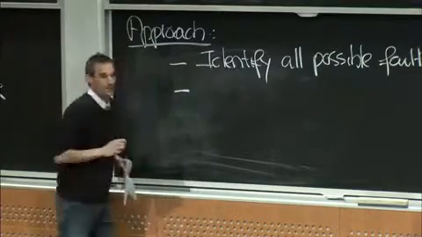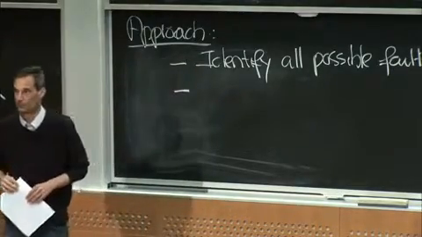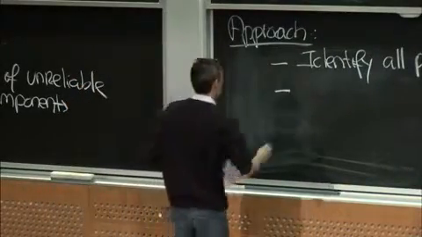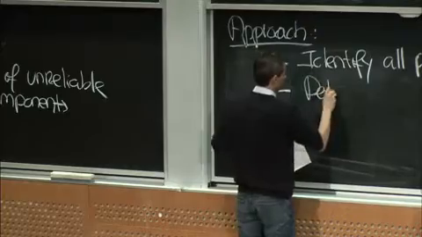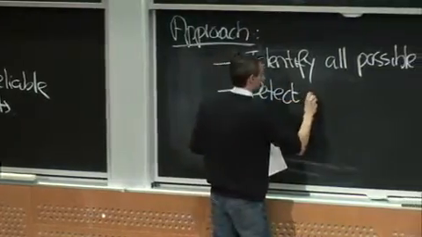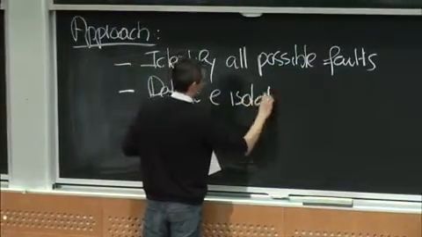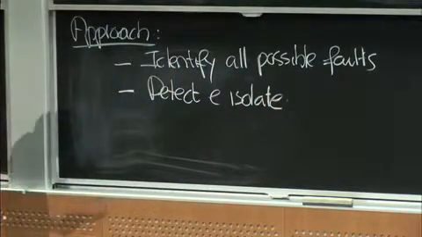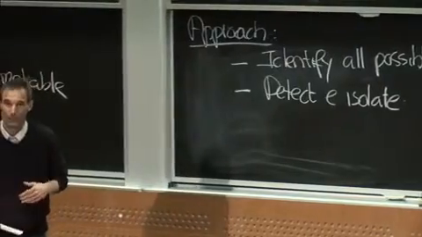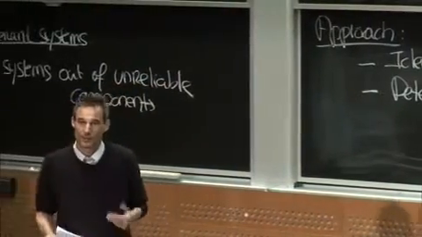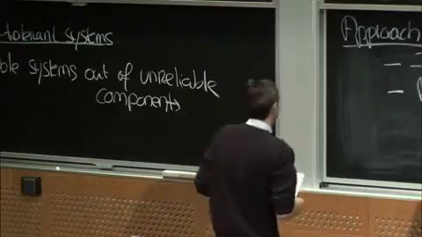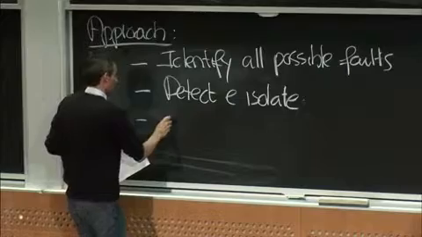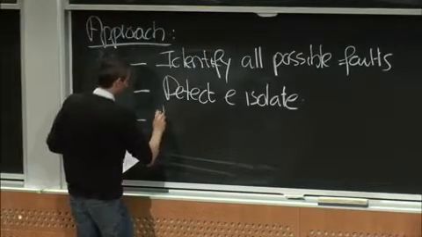Think about them and decide whether you actually want to deal with them. If you decide you want to deal with them, you actually have to be able to detect them and isolate them. Now, once you've decided you want to deal with them, you have a mechanism to detect them and isolate or contain them. Then, of course, you need to decide what to do with them. And so there's a couple options in terms of handling.